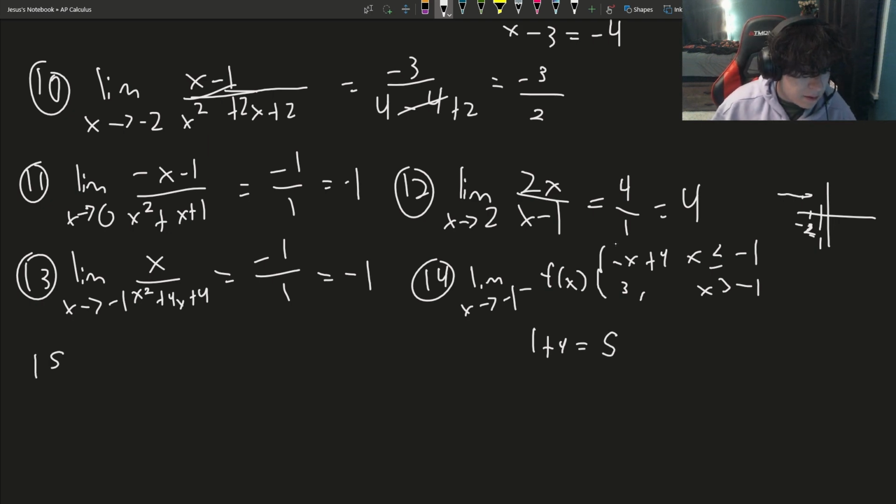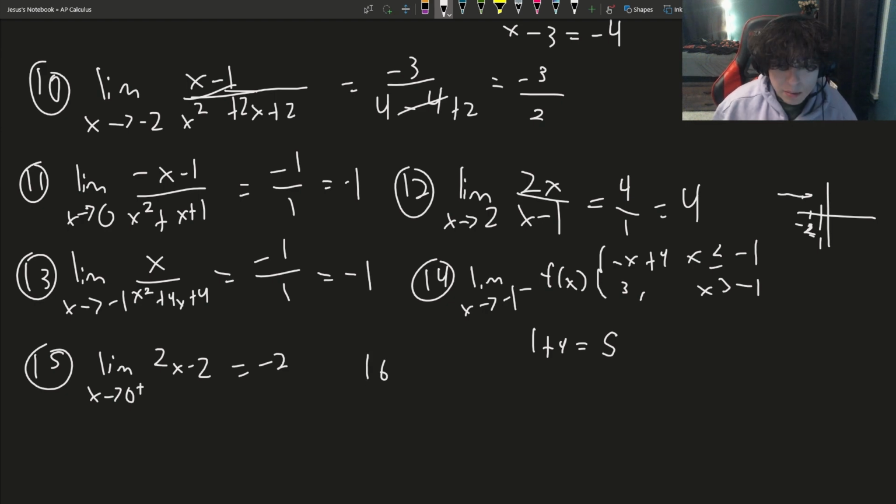So then 15, we have the limit as x approaches 0 from the right of 2x minus 2, which is just equal to -2. You could just plug it in.